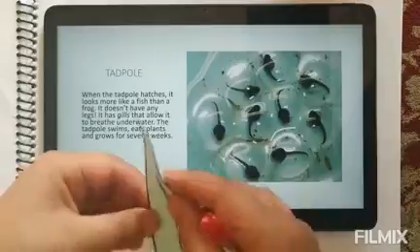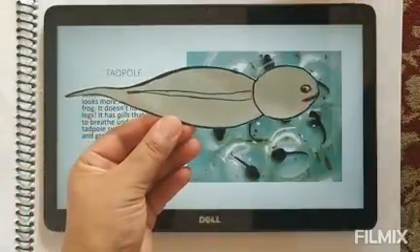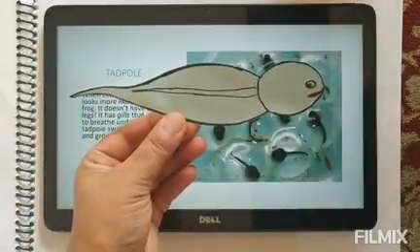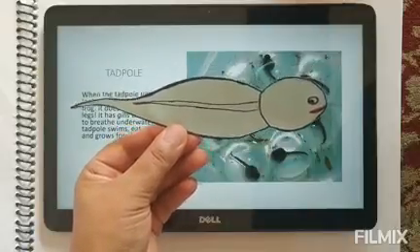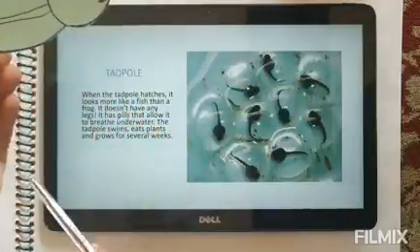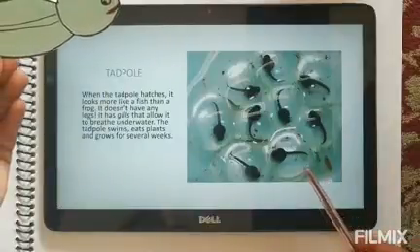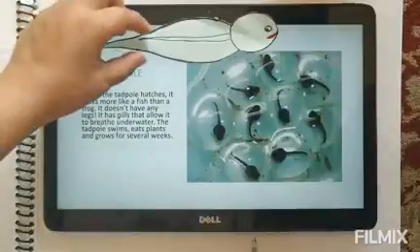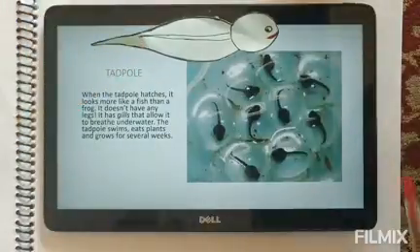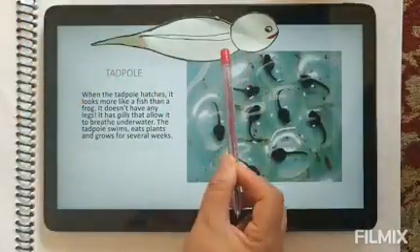Remember this little creature? Yes? Do you think it looks like a frog? No, it looks like a fish. Yes. So the eggs will hatch into tadpoles, and this is my tadpole over here. Okay, and it looks like a fish.